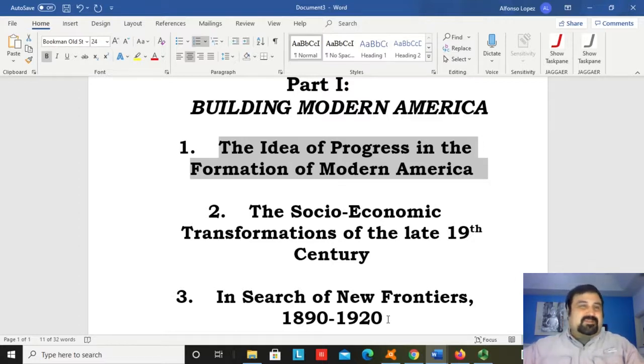For example, in the past, most people lived in the countryside. The vast majority of Americans before the Civil War lived in the countryside in small towns and farming communities and so on, and only 20 to 30% lived in cities.